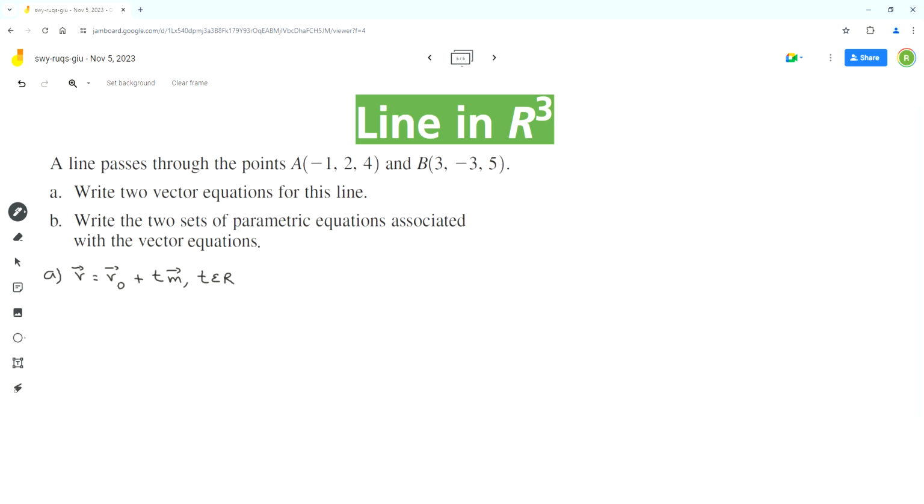Vector r0 represents the position vector of a known point that lies on the line. T is a parameter and it can be any real number, and vector m is the direction vector of the line. We'll use the point A for the position vector r0.